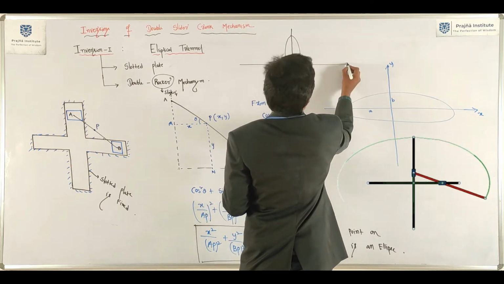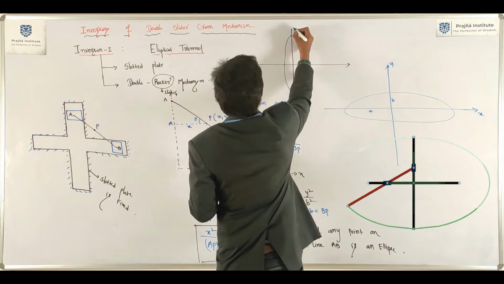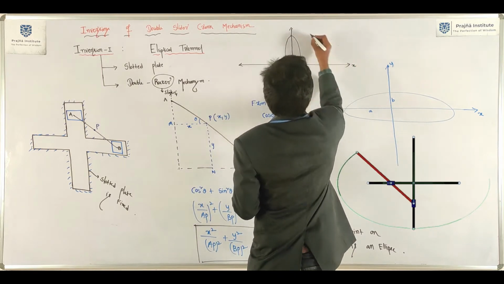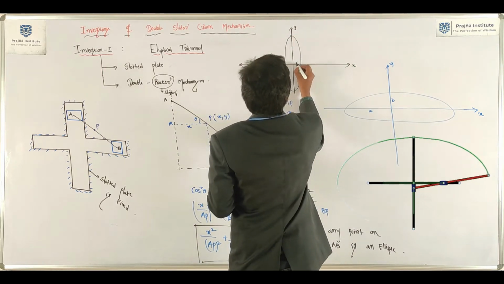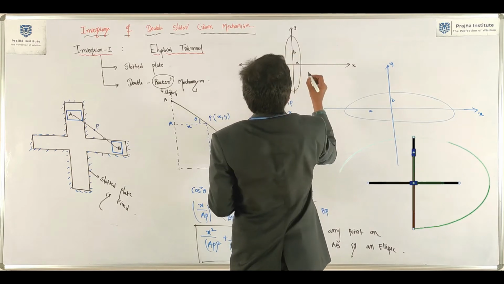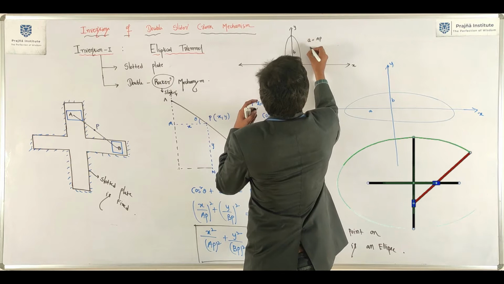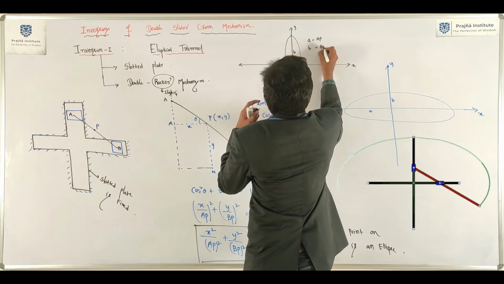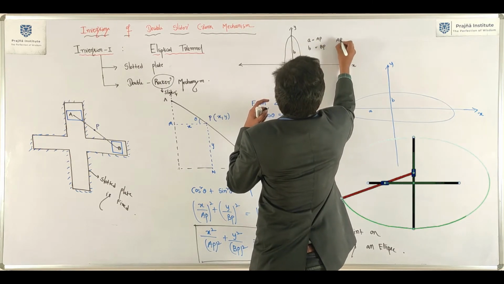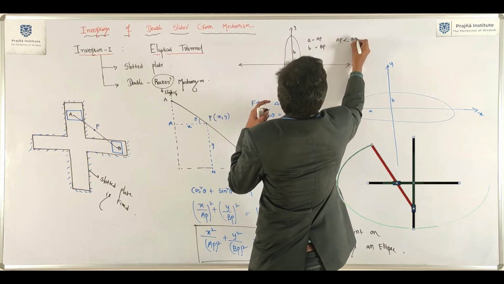It is x, y, it is a, b, A equal to AP, B equal to BP, here AP less than BP.